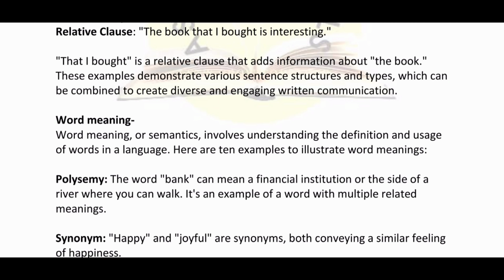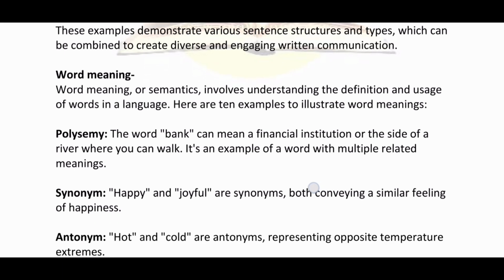But if I say the book which I bought is interesting, it is a relative clause. It is related to what? To the book, right? It is directly related to the book I bought, which I found to be interesting. Yes or no?